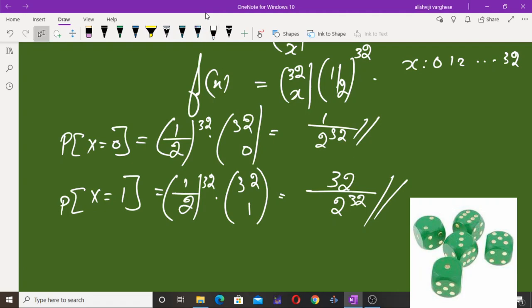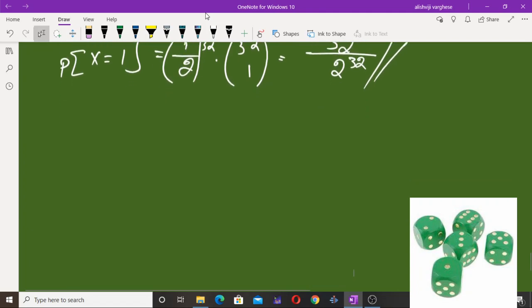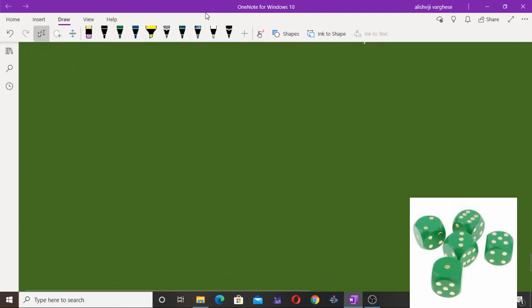Now let's have one more problem. So here, in a binomial distribution consisting of 6 independent trials, the probabilities of 1 and 2 successes are given.